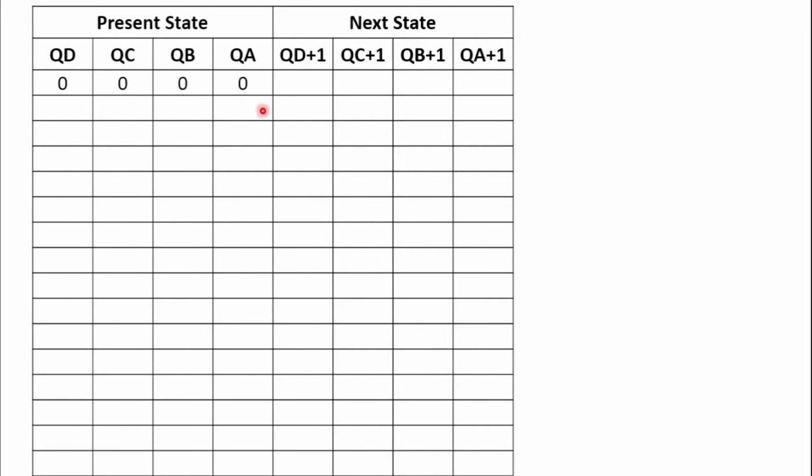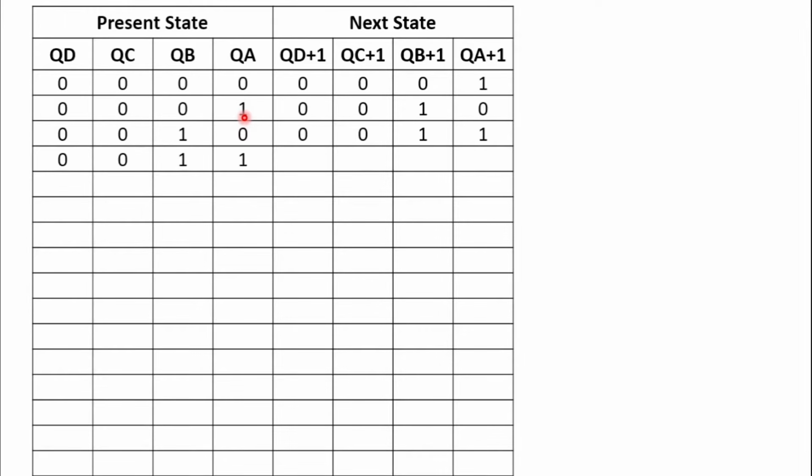So 0000 is the present state. After application of one clock, it is converted into 0001, that is the next state. After second clock, 0001 is transformed into 0010. Then after third clock, 0010, that is 2, gets converted into 3.